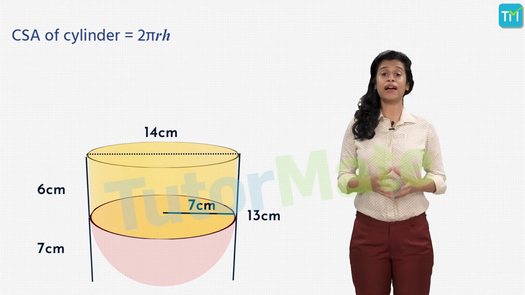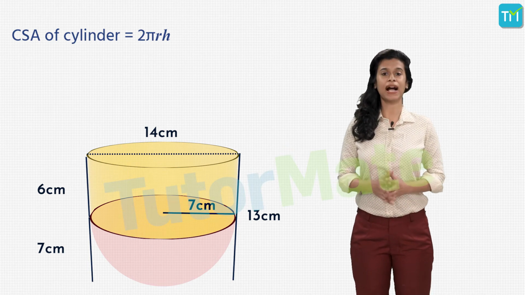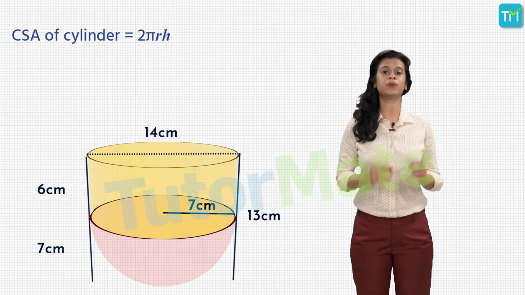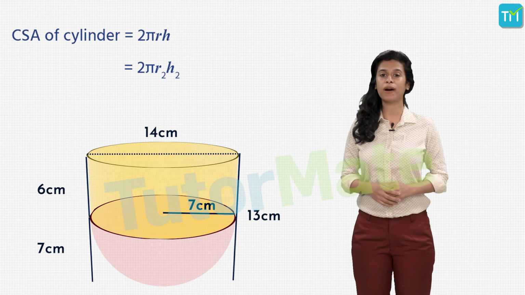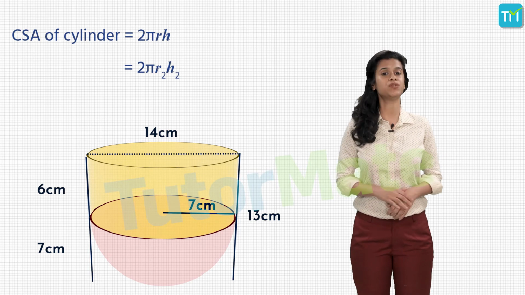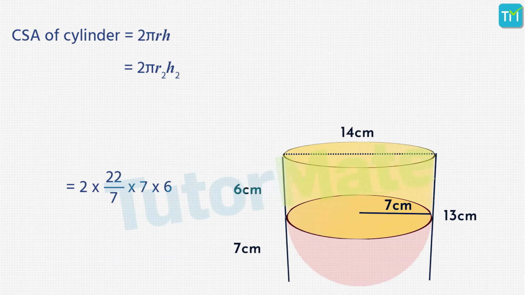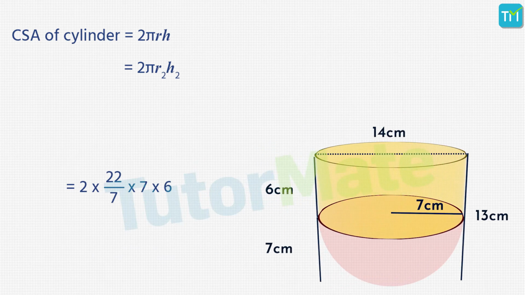For the cylinder, we have the radius as R2 and the height is H2. Thus, we will write the curved surface area or CSA as 2 pi R2 H2. Substituting the values, we will get 2 into 22 by 7, which is pi, into 7 into 6. After cancelling out 7 from the numerator and the denominator, we get the CSA is equal to 2 into 22 into 6, which is equal to 264 square centimeters.